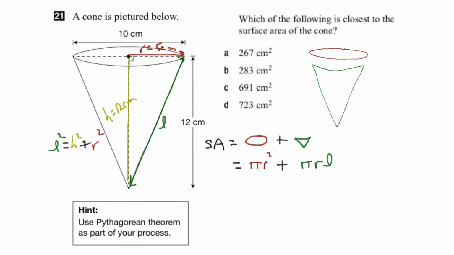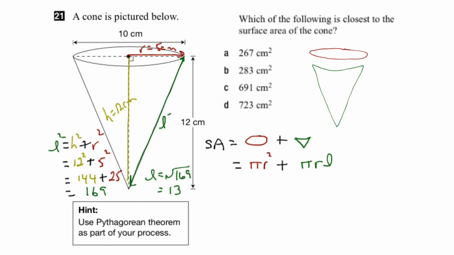So if we plug our values in, we would get 12 squared plus 5 squared. And that would give us 144 plus 25. So L squared is equal to 169. So L is equal to the square root of 169, which happens to be 13.